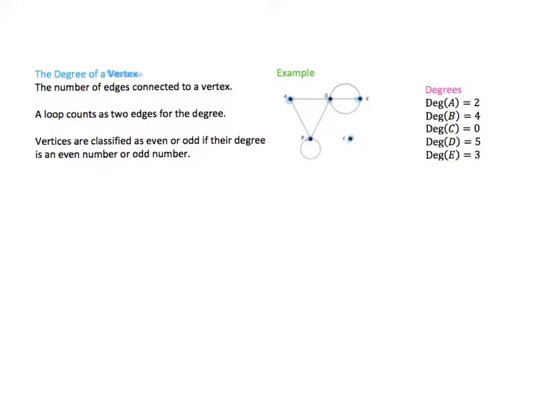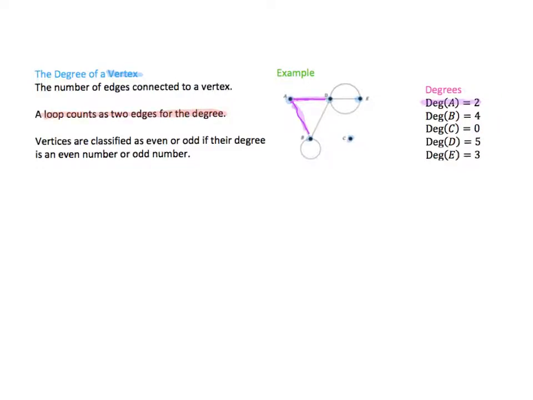If you have a look, the degree of A, because it's got 2 lines coming out of it, is 2. So if you ask for the degree of the vertex, you say how many edges are coming out.